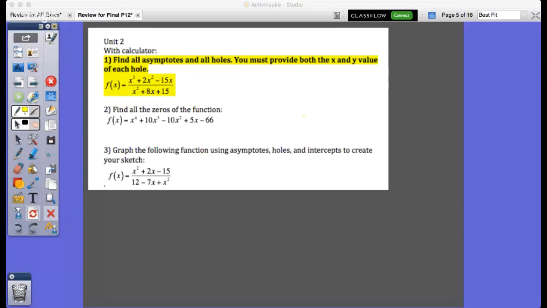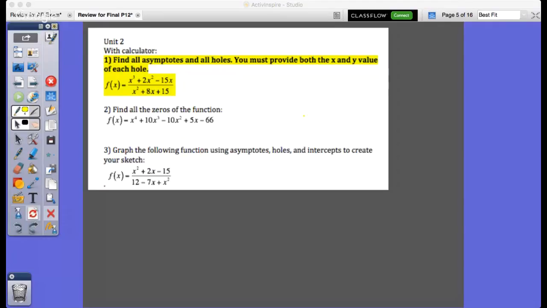And if I wanted to go further to the left side, I could go to second window, and instead of the table starting at 0, I can start it at like negative 20. That way I can scroll through a little easier. So if I go down from negative 20 and just keep going down, what do I see? Negative 11 is a 0, right?